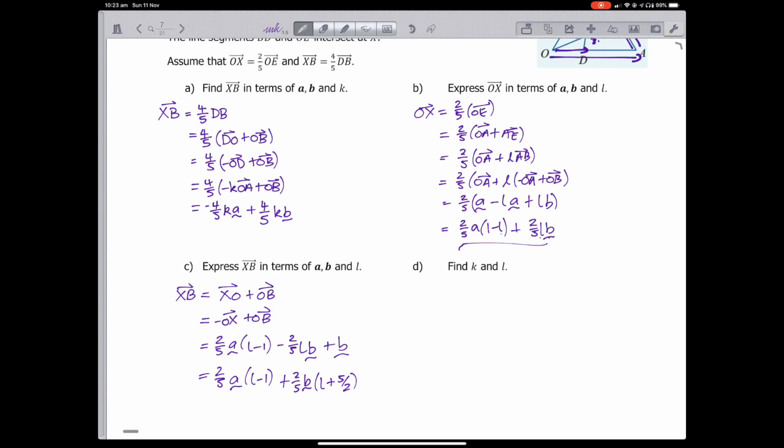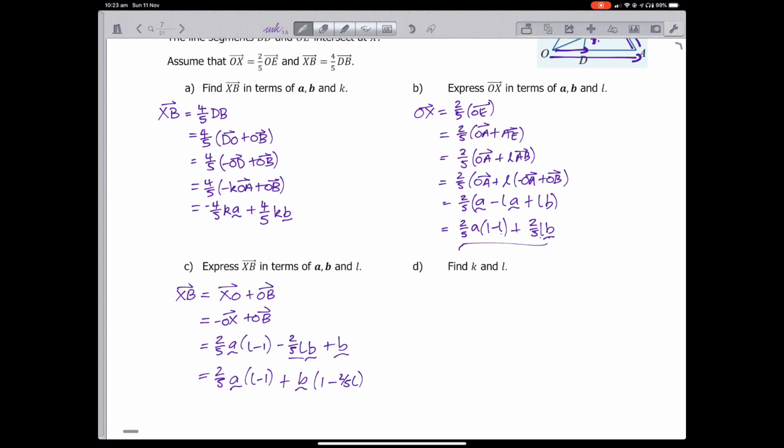Or you could just leave it as B, 1 minus 2/5 L, because that's negative.